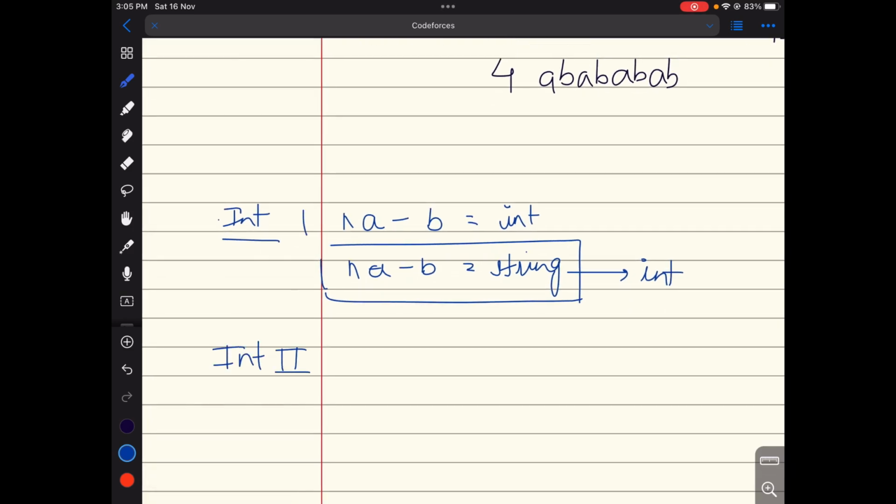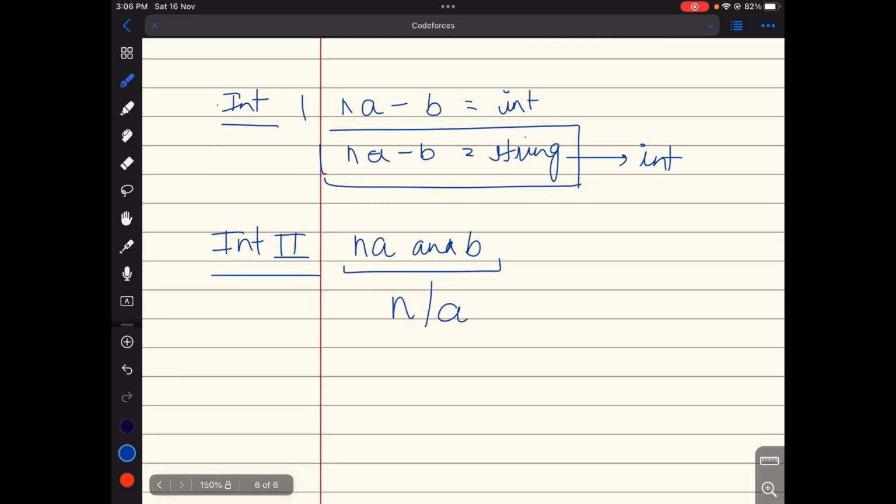Second intuition, we would need to separate these digits of a and b, because then we need to work upon the exact values of n which we are going to calculate.